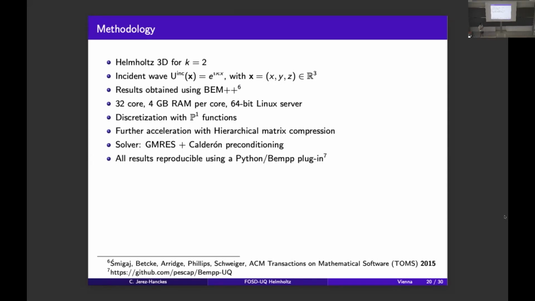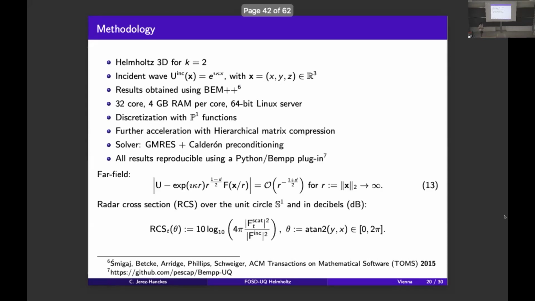In fact, here, not only are you doing hierarchical matrix compression, which also helps on the speed on the numerical side, but also using an iterative solver. And there is a plugin you can download here for you to use.